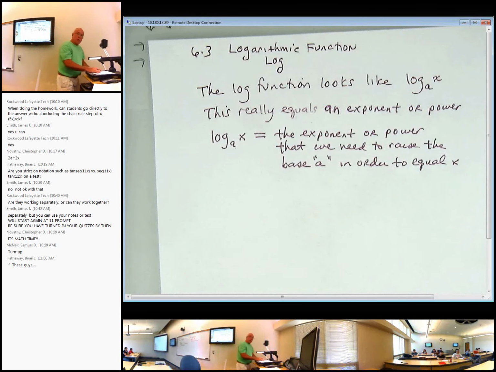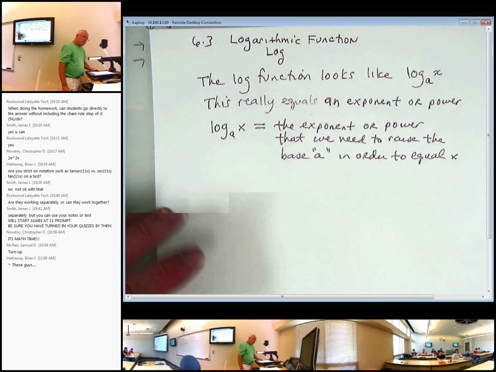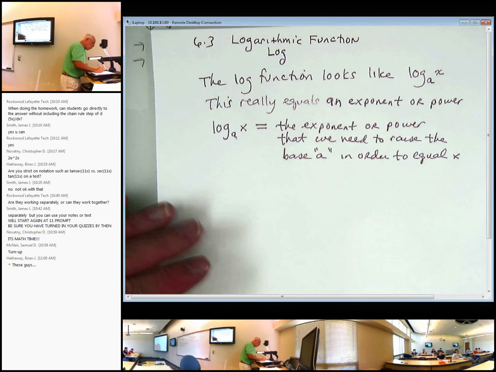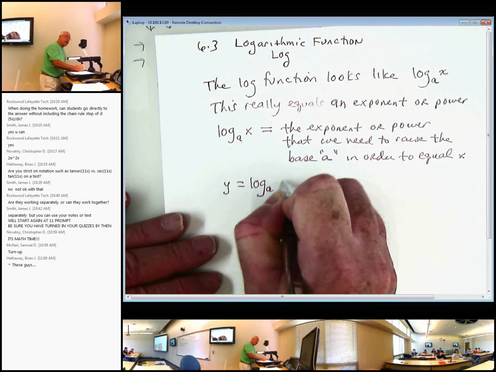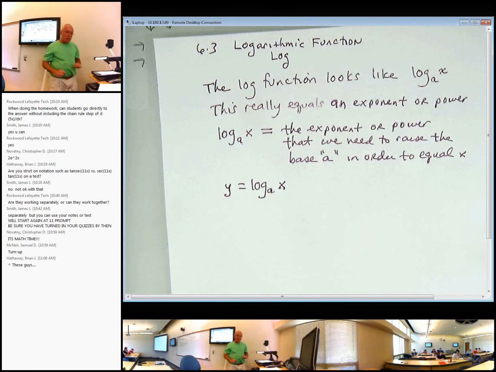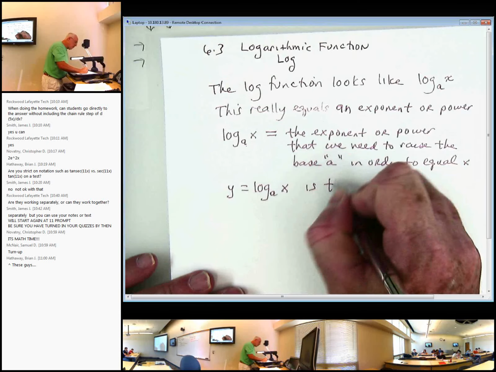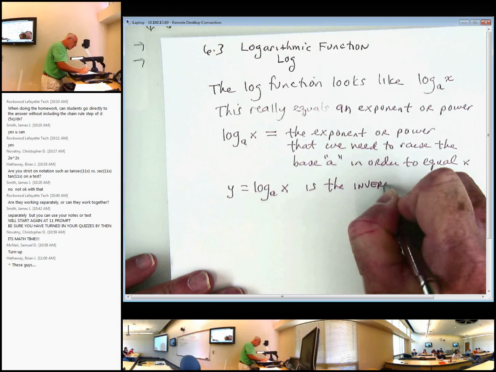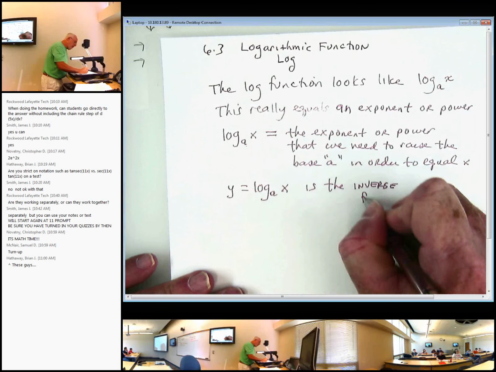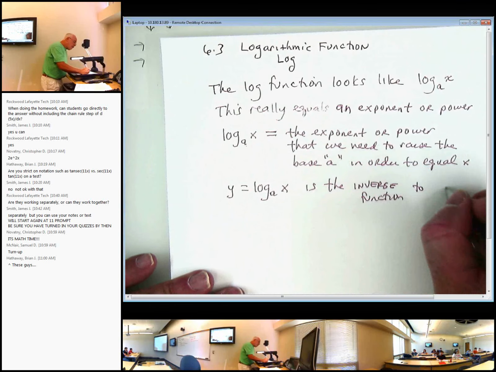We're going to go through a couple of examples on this. Now, y equal to log base a of x is the inverse function to a to the y equals x.